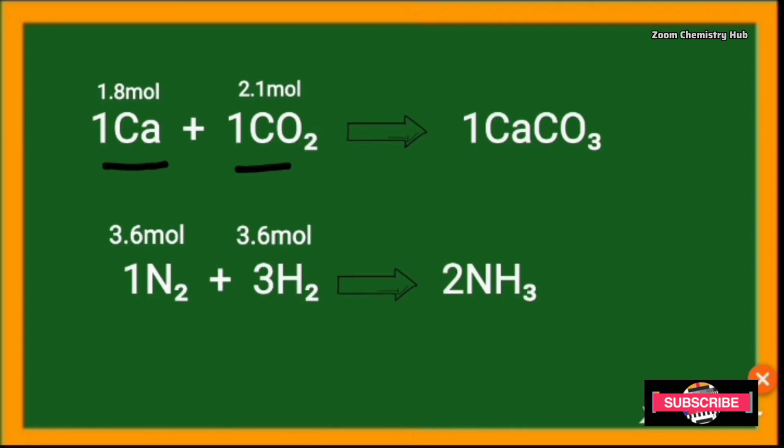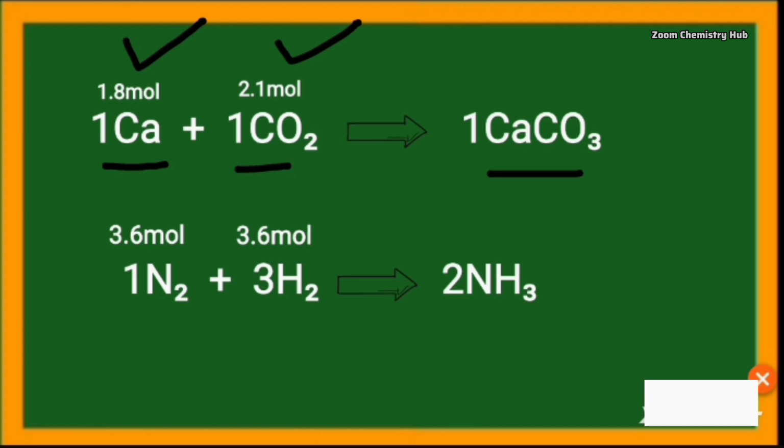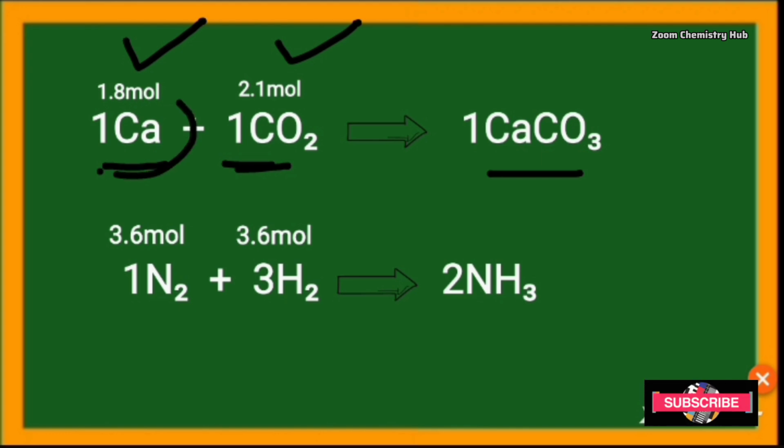We can see that the number of moles of calcium is 1.8 and the number of moles of carbon dioxide is 2.1, and we know that when the coefficients are equal, the limiting reactant is the one which has the smaller number of moles. So here the limiting reactant is calcium. We can calculate this by dividing the number of moles by the coefficient: for calcium we get 1.8, and similarly for carbon dioxide we get 2.1.